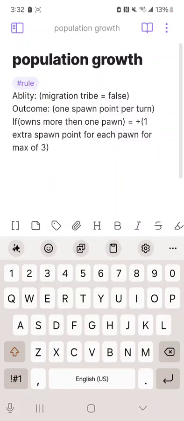All right. When you have a castle unit down on the board, every turn you would get one spawn point, up to 3 spawn points, depending on how many pawns you control. And I've already thought of a use. So far you can only create 3 pawns minimum.